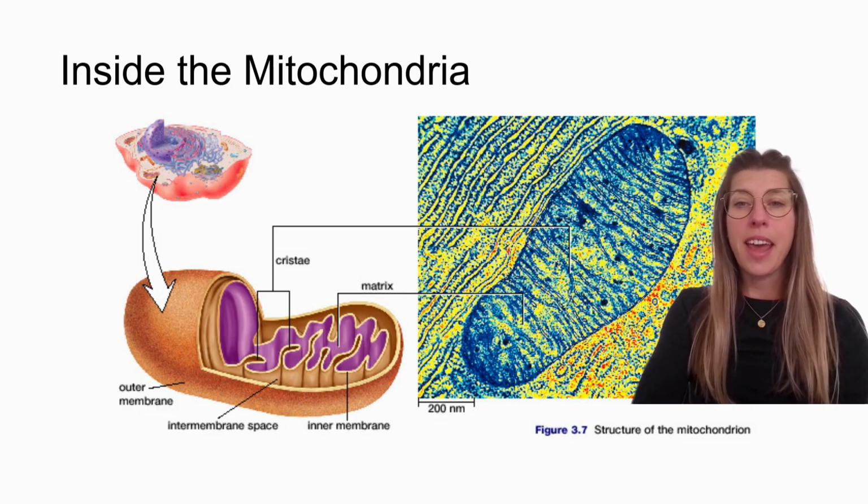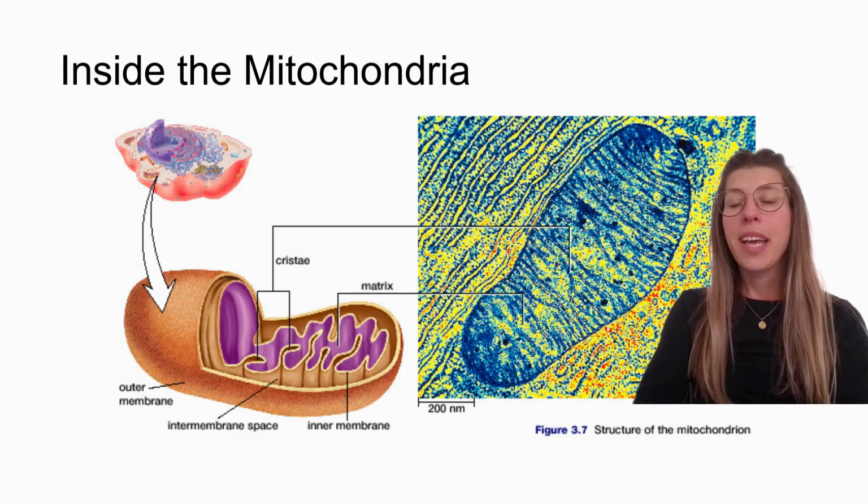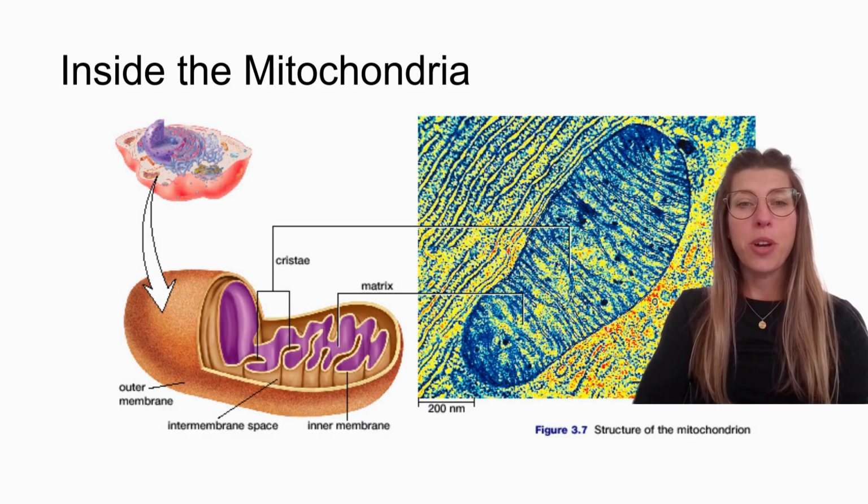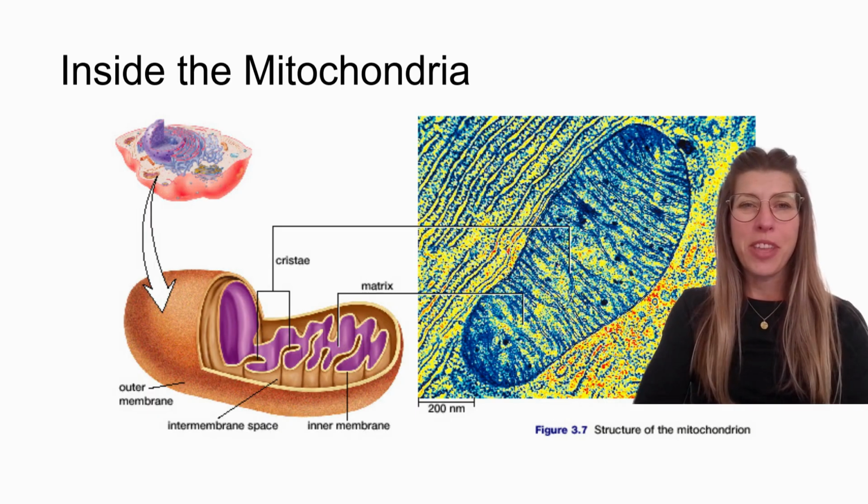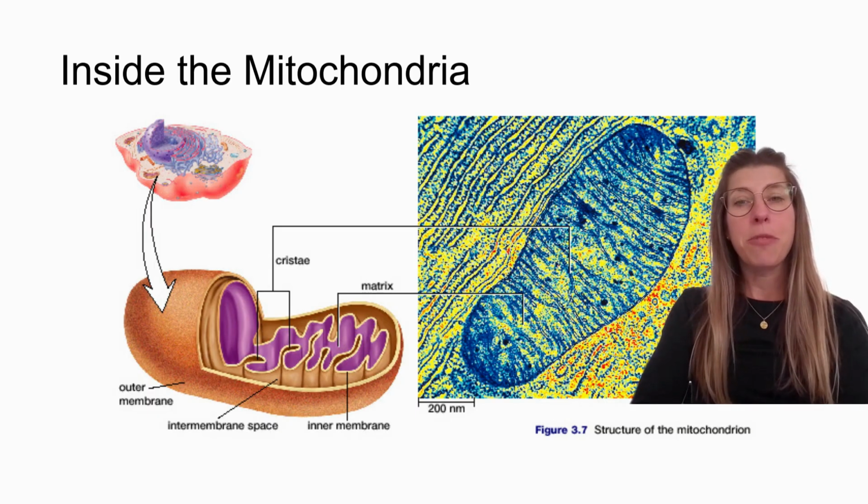So here's a scanning electron micrograph on the right side depicting the mitochondria and all of its lovely folded cristae on the inside. If you remember from our organelle lesson, there's an outer membrane that surrounds the mitochondria as a whole. And then there's the inner membrane, which creates those folds, the cristae. There's also an intermembrane space between the outer membrane and the inner folds.